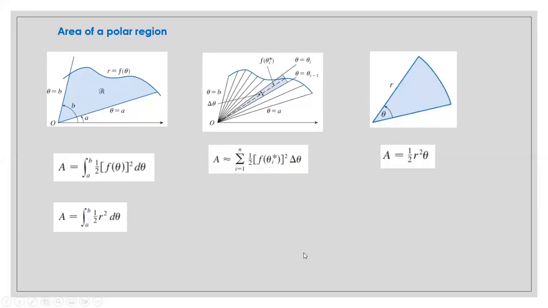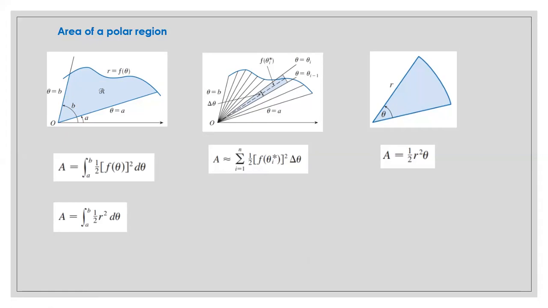Before we do it, I just want to give you a very brief look at how the equation was derived. For example, if you want to find the area bounded by the angles from A to B, with radius r.